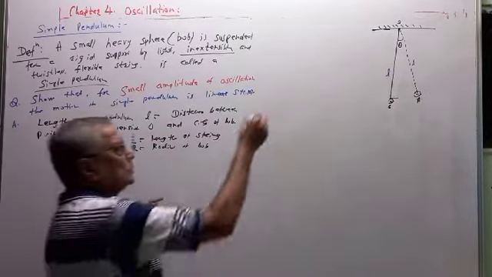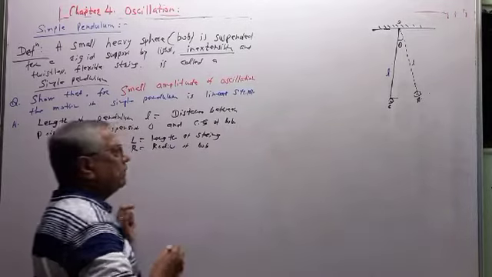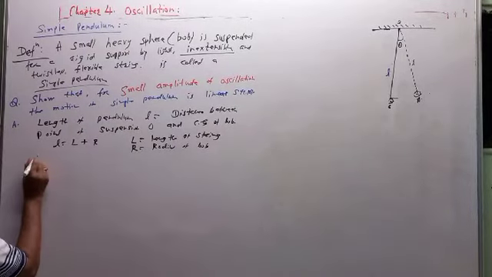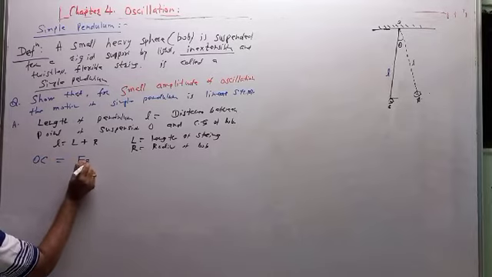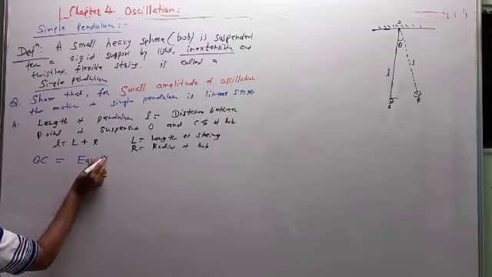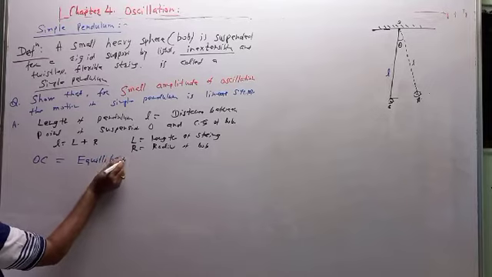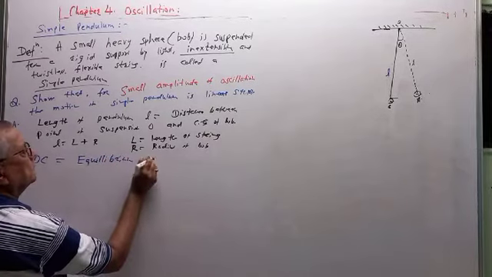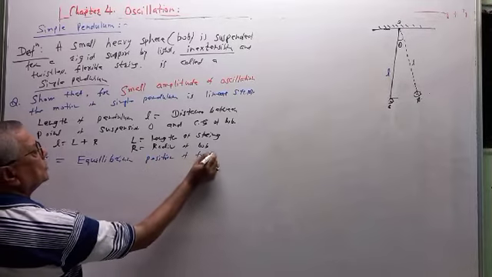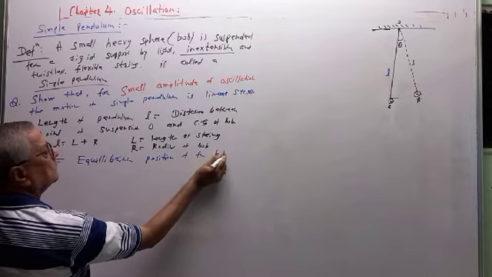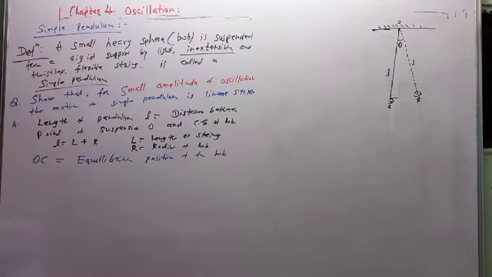Now this OC is called the equilibrium position of the bob of a pendulum.